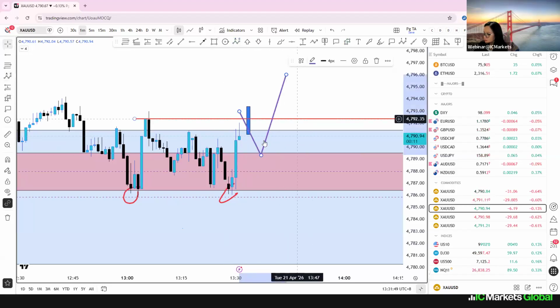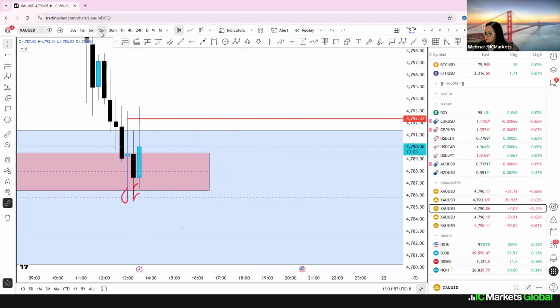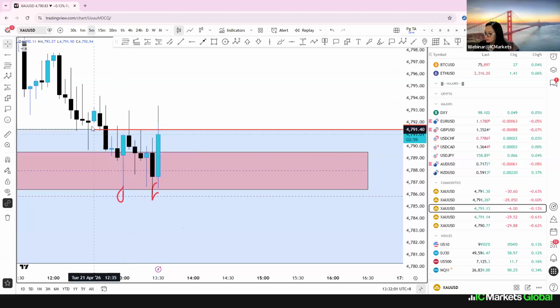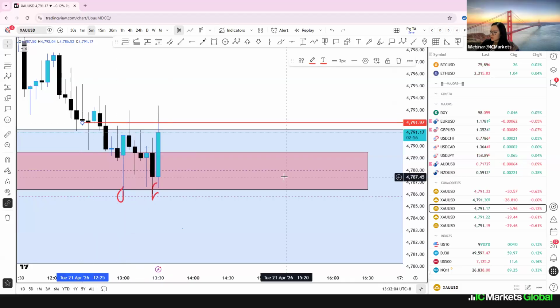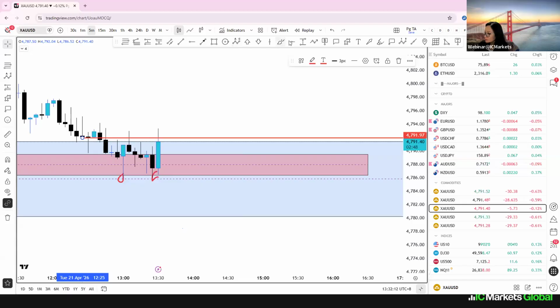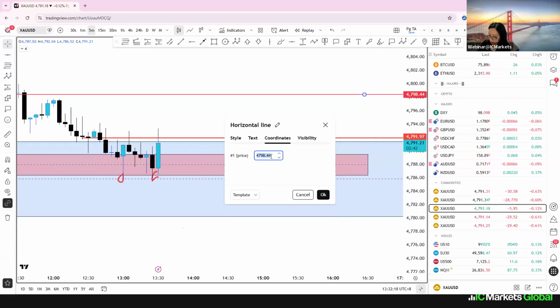On the pullback, we can buy in the lower time frame, meaning that if the body can close above 47.92, the M15 is going to close with the bullish engulfing. You see that? I just put it here. At least the body closes above 47.91. If the body closes above 47.91, I'm going to put my take profit slightly before, let's say, 800.